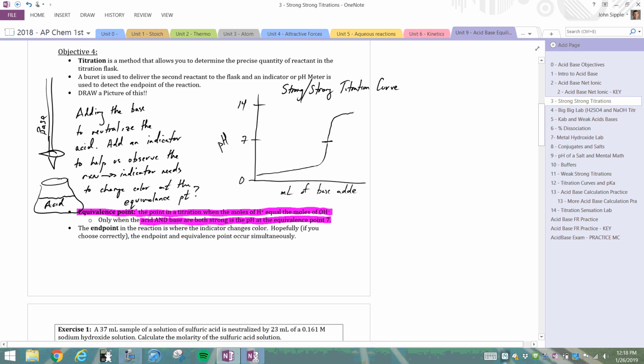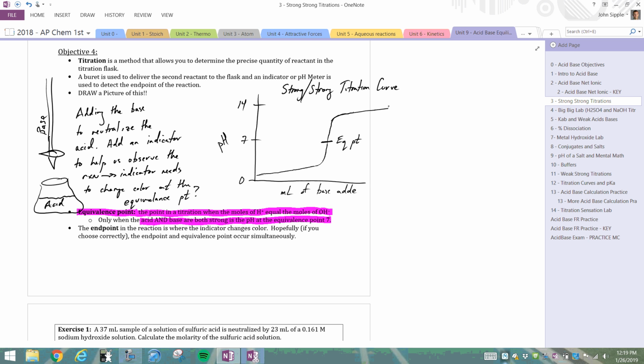And then ultimately we reach the equivalence point here, at 7 for a strong titration. And then it will start to level off again around 12 or 13. We're hoping to see that color change right around that equivalence point, so we need to choose the right indicator for that.